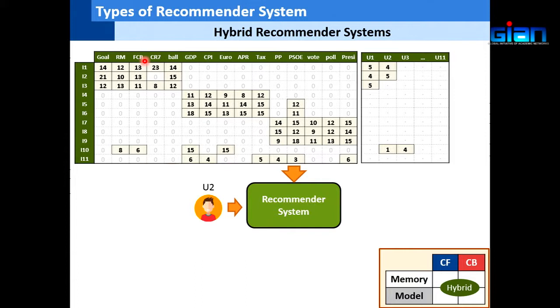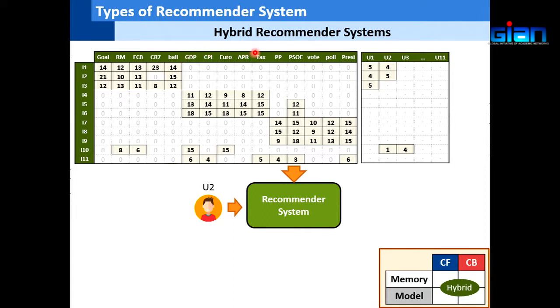It's their national sport, but I don't know any team, so I cannot use it. And here is a very important football player, Cristiano Ronaldo, and here is ball. And here are economical terms.